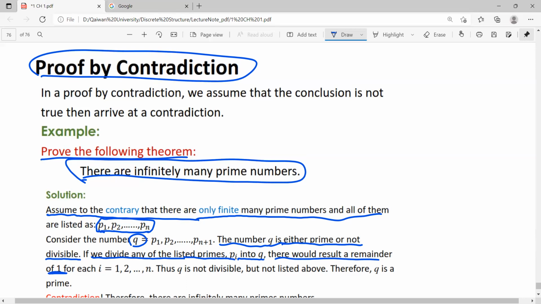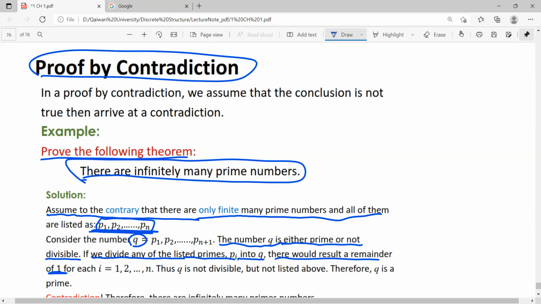If the remainder is 1 in the division for all of them, it proves that Q is also a prime number, but Q is not listed above. So that's a contradiction. Why? Because here we have not n primes.